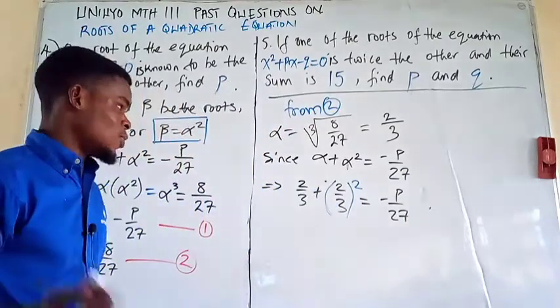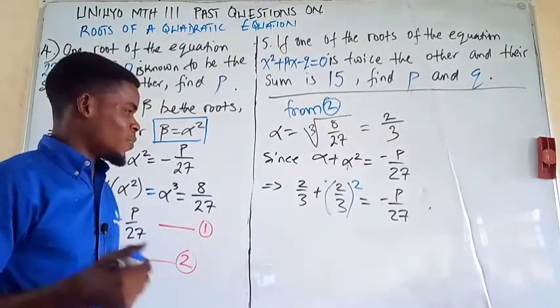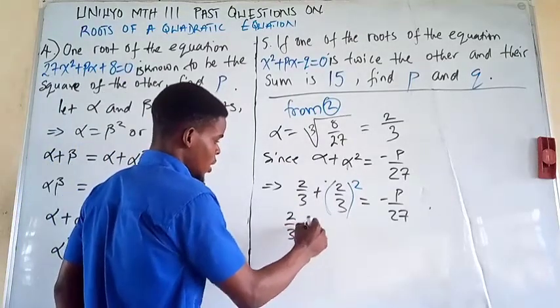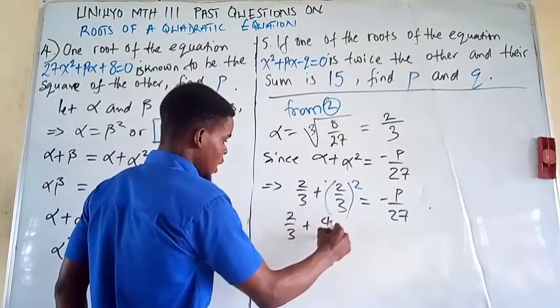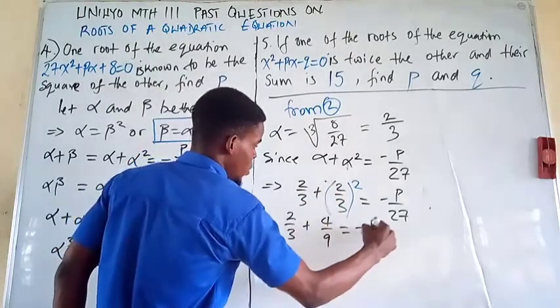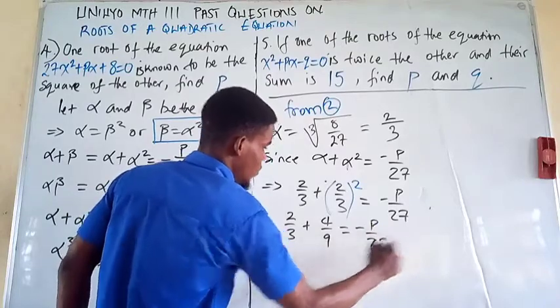This is just very simple algebra. This is going to give us 2 over 3 plus 4 over 9, which is negative p over 27.